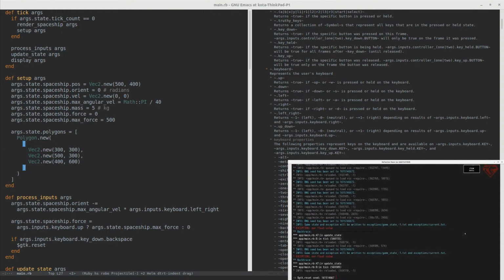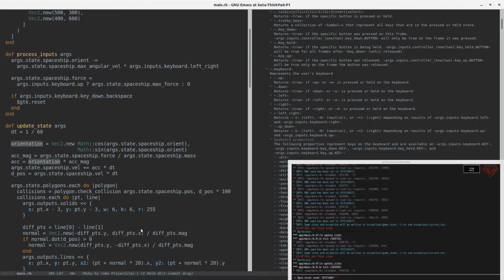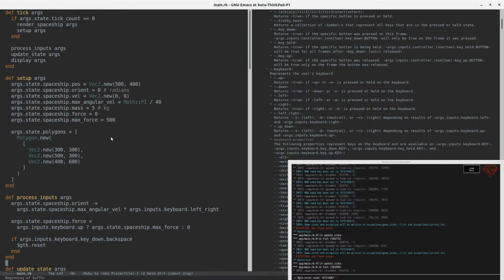I guess. Why are you erroring? Non-float value. Oh, if key down dot backspace, I figure it must be here, right? No, 47. First time we go around, the orient doesn't exist, I guess. Orient is 0. No, that's right.